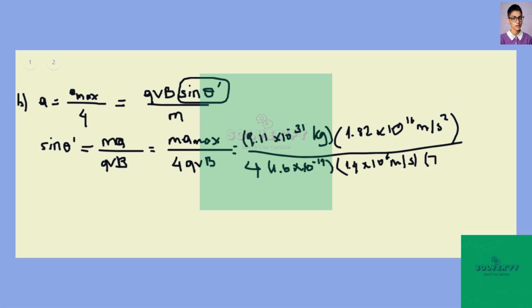And the magnitude of the magnetic field is 7.4 times 10 to the power of negative 2 Teslas. Please add the coulombs here, capital C.